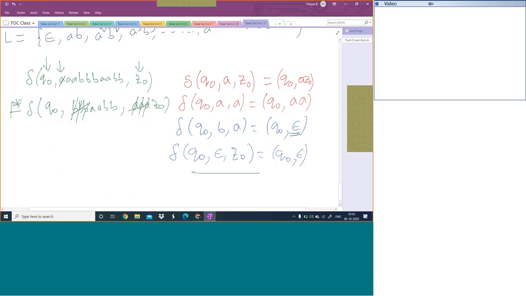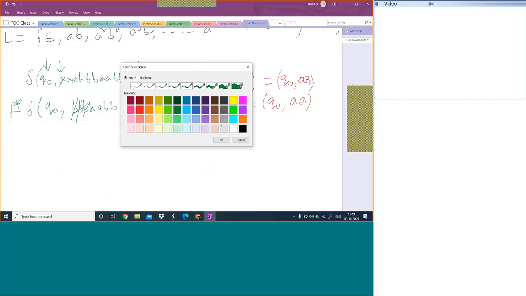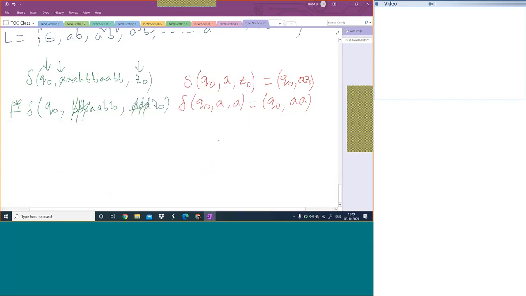So for that, what should we do? So look at this. So guys, here A will be pushed. This is for the first A. For the remaining A's, all A's will be pushed with this move.